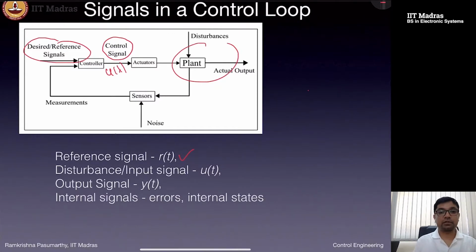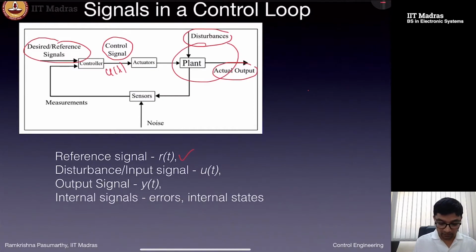This will pass on a signal to the actuator, and the actuator will generate the physical energy to drive the plant to the desired state. We could also have disturbances in several forms. Say I'm in a room, a disturbance could be a door open. When I'm driving a car, the disturbance signal could be in the form of an uphill or a downhill and so on. And finally we have the output, which is my actual speed or my actual temperature.